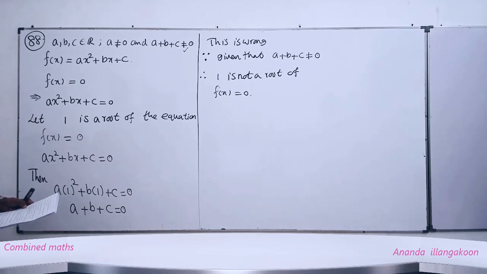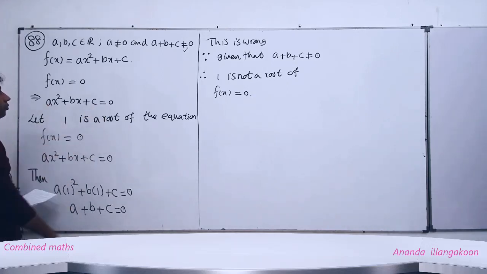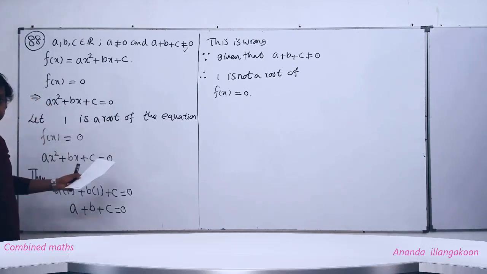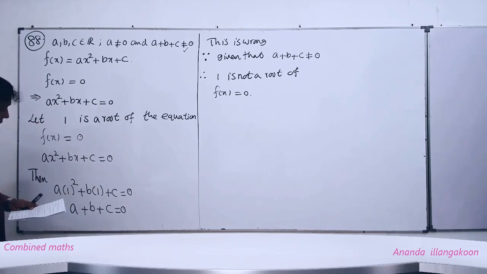Let alpha and beta be the roots of f(x) equals 0. Up to here, I think you understood.